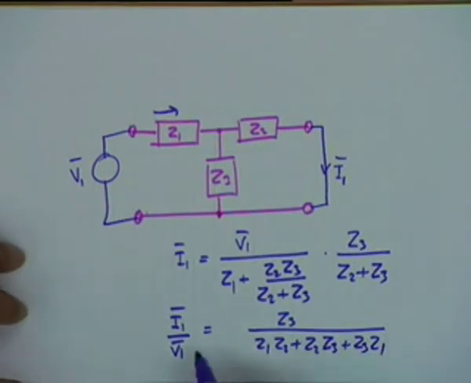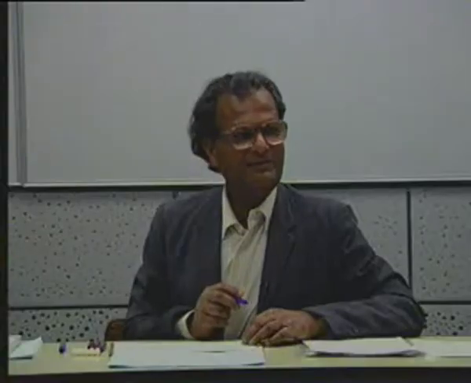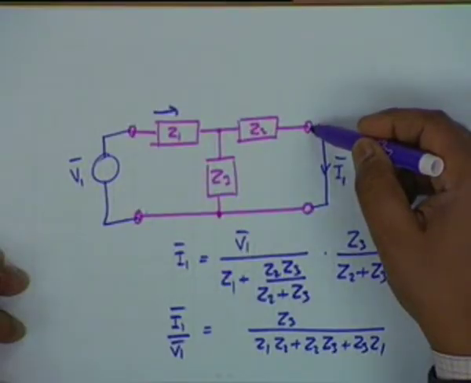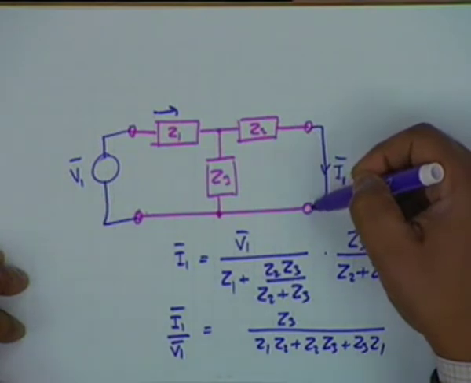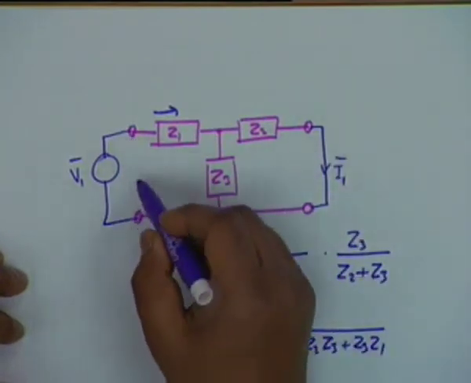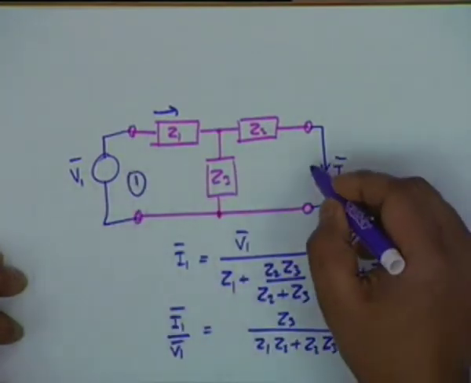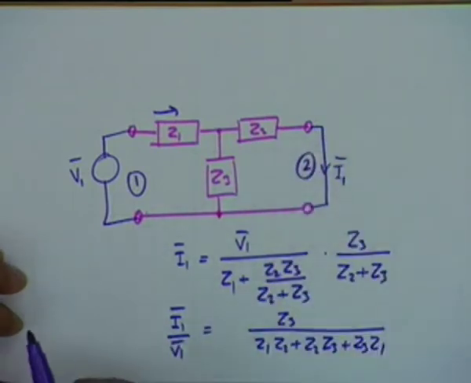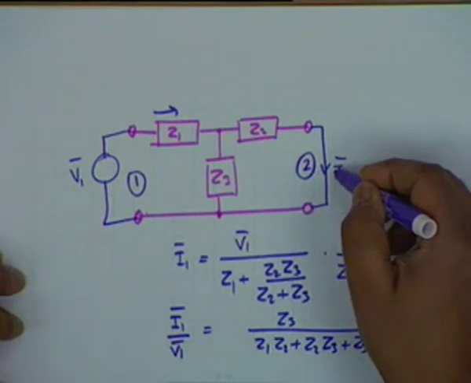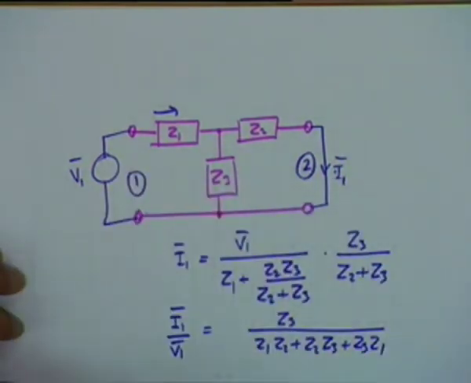Okay. Now let me give a name to this quantity. You see, the current is obtained here at a port which is different from the exciting port. The excitation is at port 1 and the response is obtained at port 2. The ratio of the response to the excitation is now an admittance. Isn't that right?